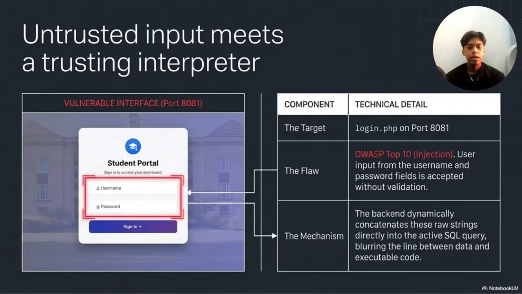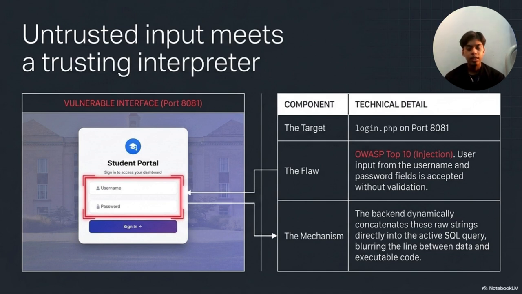So this slide explains how the SQL injection vulnerability occurs. The target is the login page running on port 8081. Users enter a username and password through the login form. The flaw exists because the application accepts user input without proper validation or sanitization. This is categorized by OWASP as an injection vulnerability.